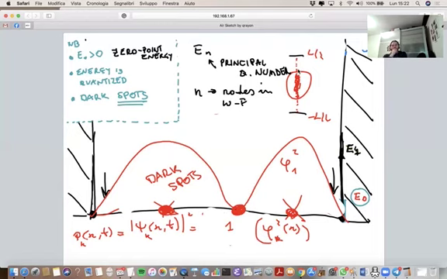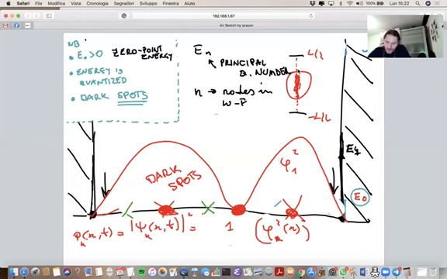Since my wave function is not infinitely picking a point, the probability of finding a particle in a given position will always be a distribution, right? So I will never be able to tell you the particle is at a position x naught. The particle is actually here or there or there or there. I can only assign a probability to any of these events.